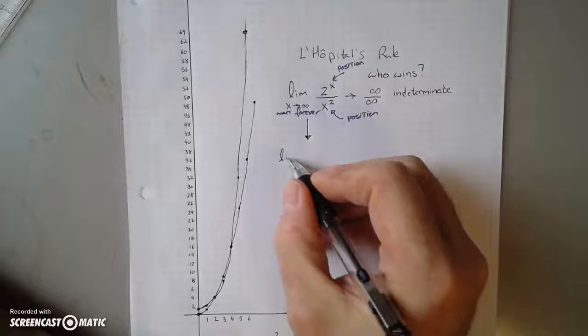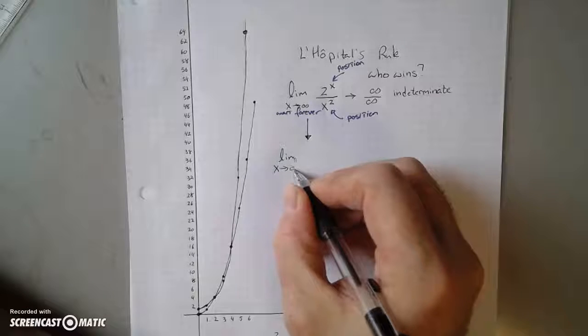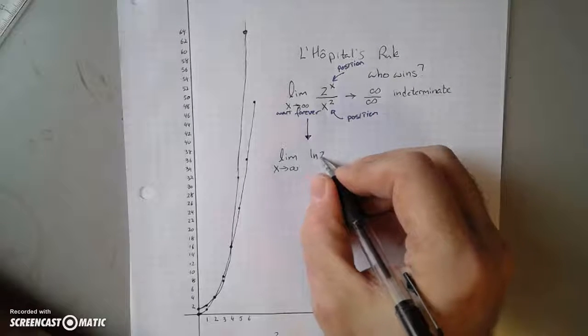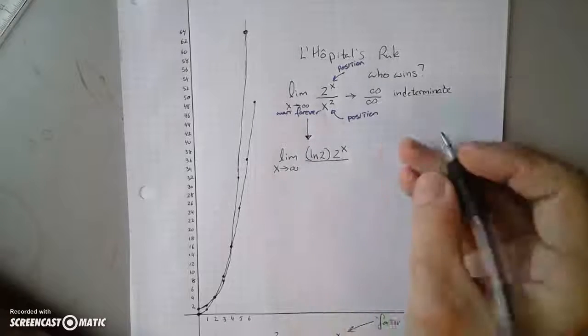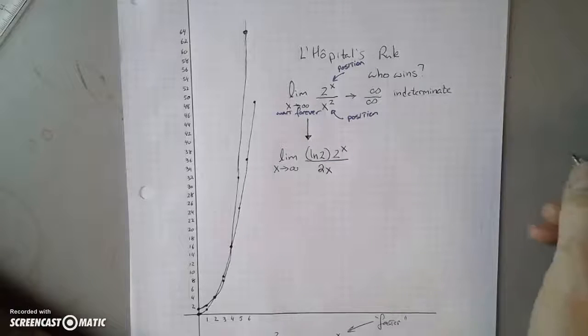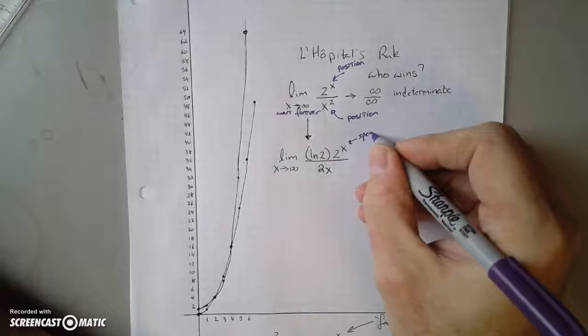So what we could do instead is we could look at their velocities. Alright. Well, the derivative of 2 to the x is natural log of 2 times 2 to the x. More on that later if you want to see it. And the derivative of x squared is 2x. So these might represent their velocities or speeds.